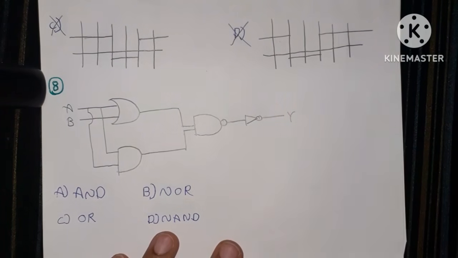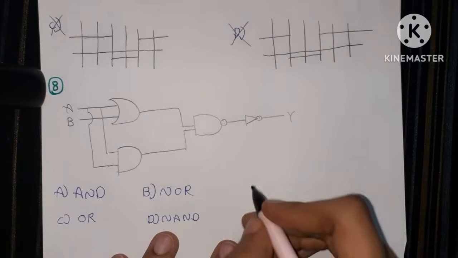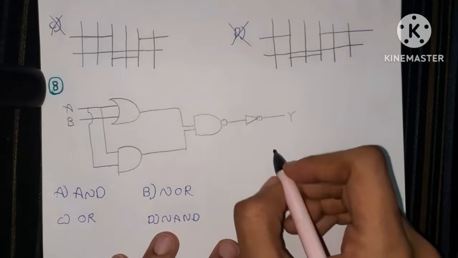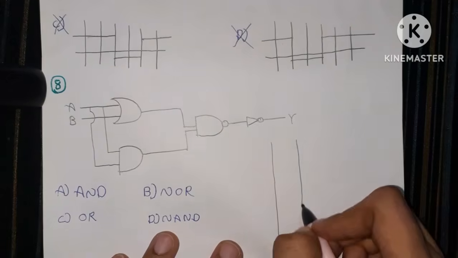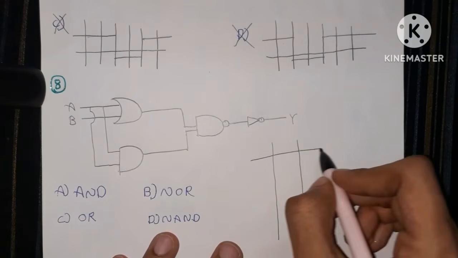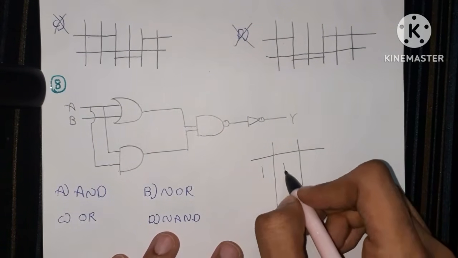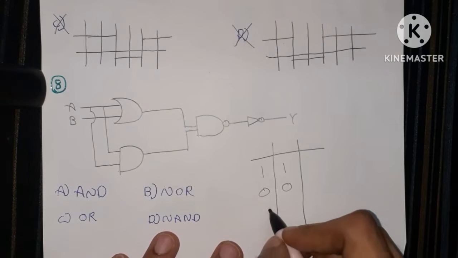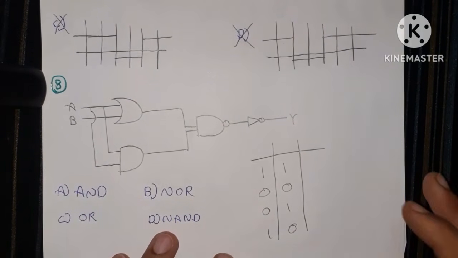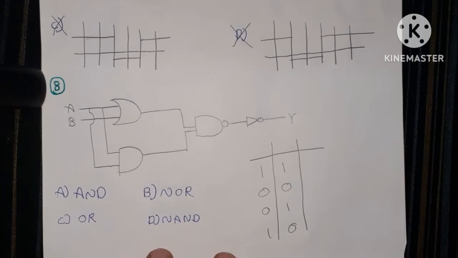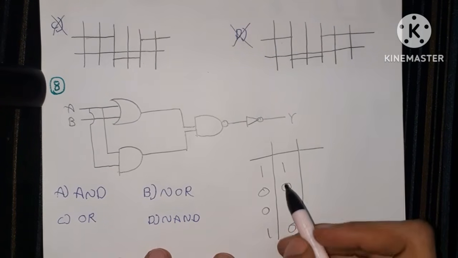Here we need to take our own truth table. Here we need to solve every 4 cases, each and every 4 cases, so that only we will get the answer. Okay, first we will go for 1 and 1, 0 and 0, 0 and 1, 1 and 0. We need to solve all of this. We need to go through all these gates step by step.